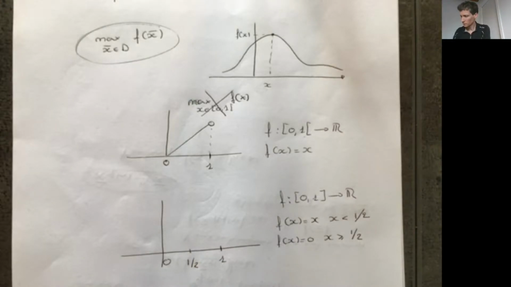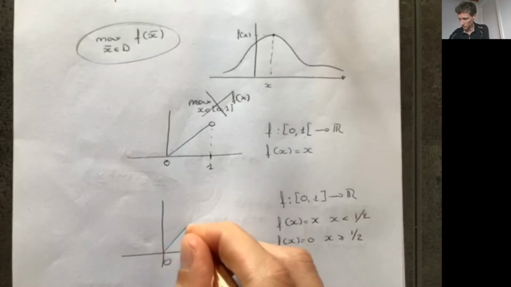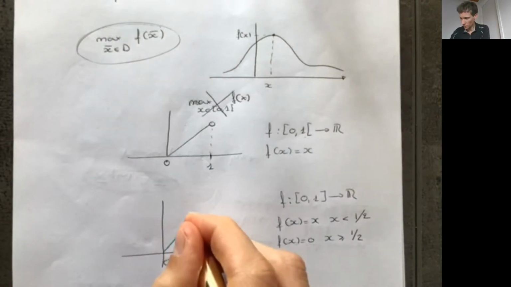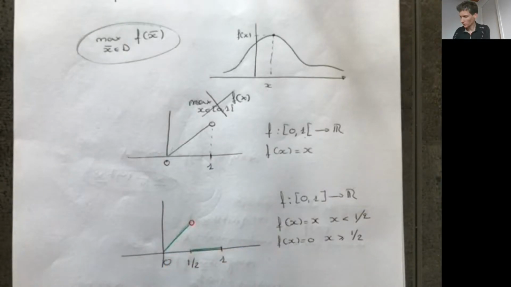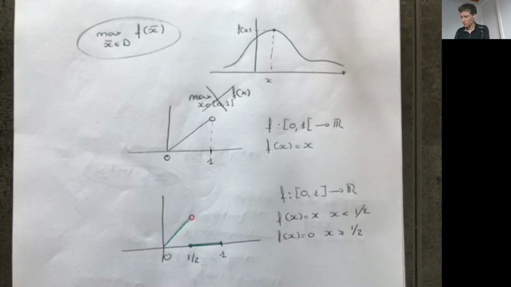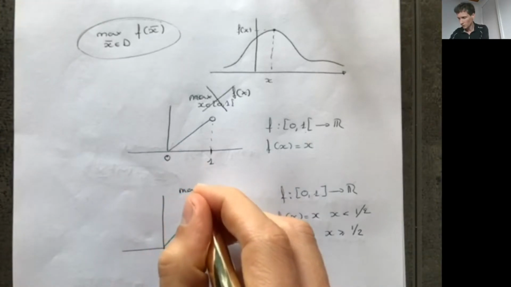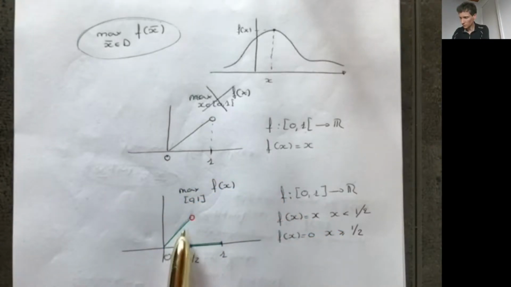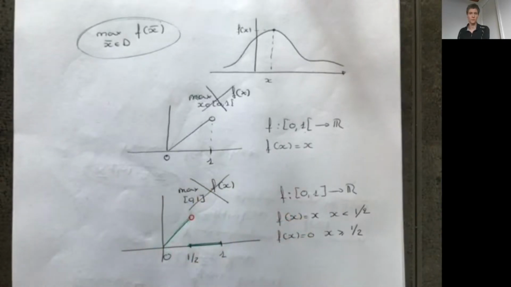If x is smaller than 1/2, then f of x is equal to x, so we have the 45-degree line, and for x greater or equal to 1/2, we have this. At 1/2, f of x is equal to 0. So we have this function here. Again, if you would like to maximize f of x over the domain 0, 1, we see that the maximum is arbitrarily close here below 1/2, but it never reaches this point here. So again, the maximum is not well defined.